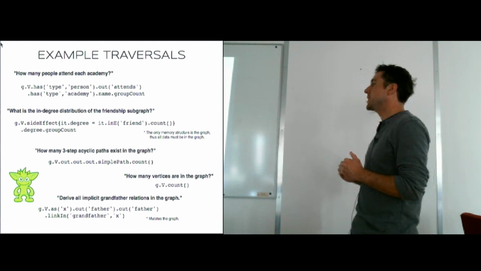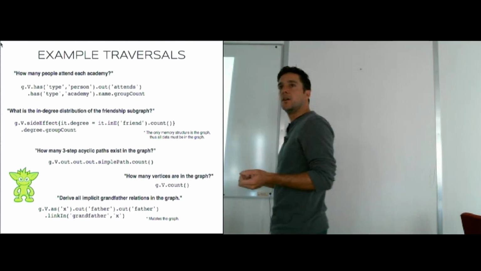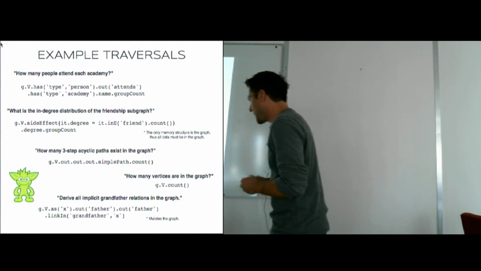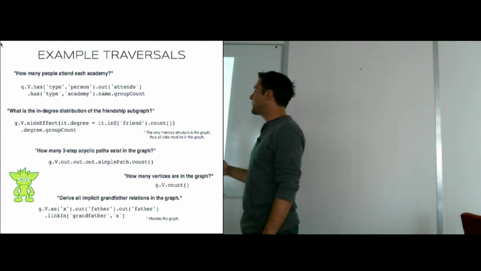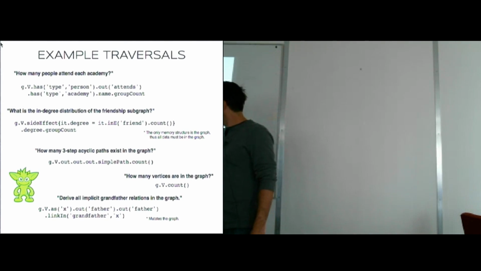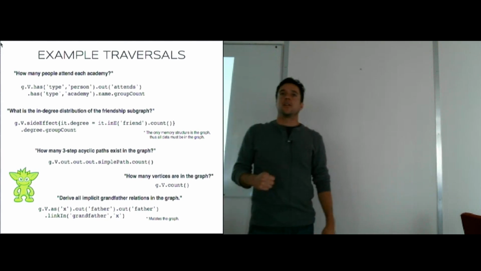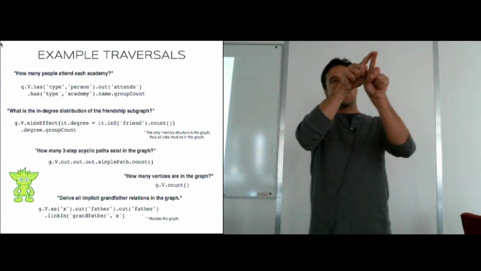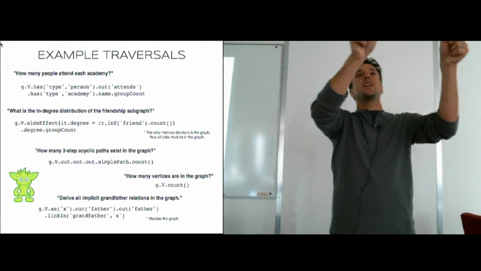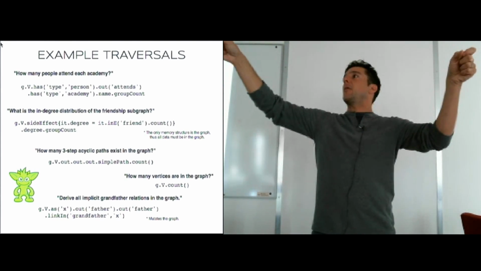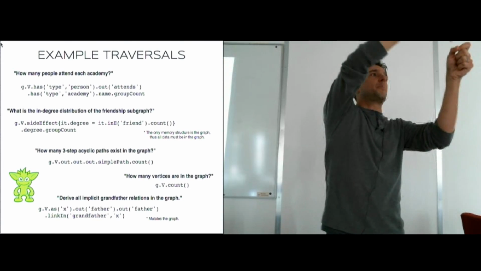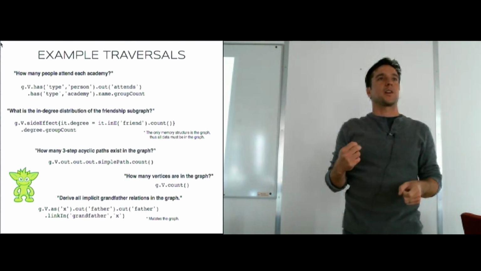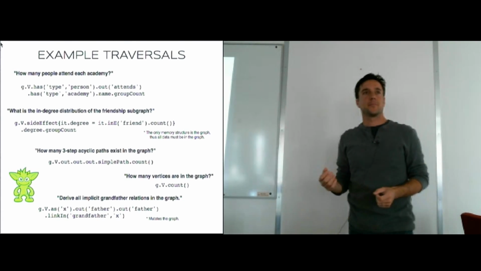Then I'm going to take an outgoing step from those vertices to the fathers of those vertices, and then do that again to their fathers. Now I want to make a link type called grandfather from where I am to the vertex that I saw at step X. So if I have a single path, and I went Marco to Jose to Antonio, that's my father, and now this gremlin is right here at Antonio, I referenced Marco back at X, so it makes a link back to X, which is the Marco vertex. So Marco's grandfather is Antonio.